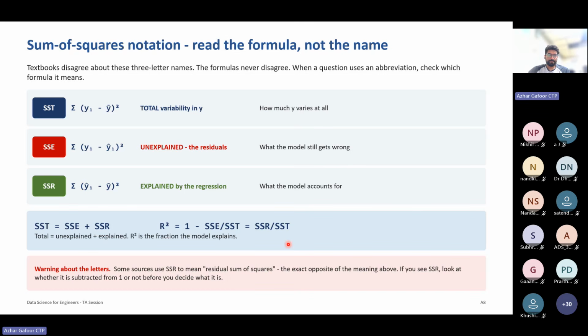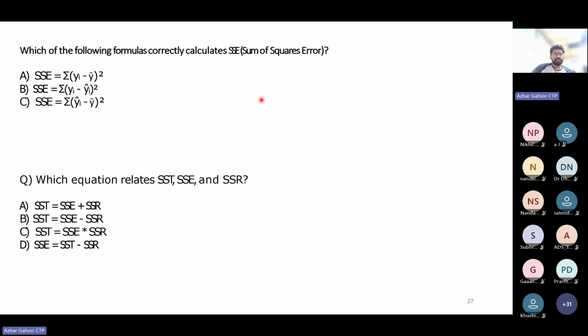So again, we have the R square, SST. You just have to know these formulas. We'll have problems following these formulas. All right.